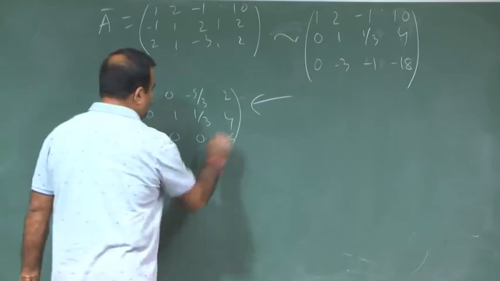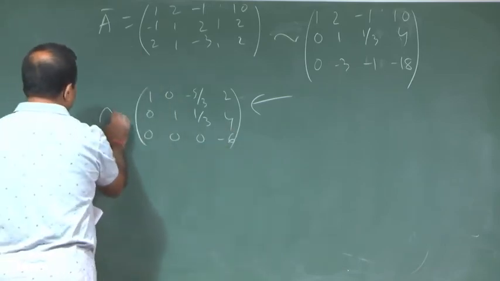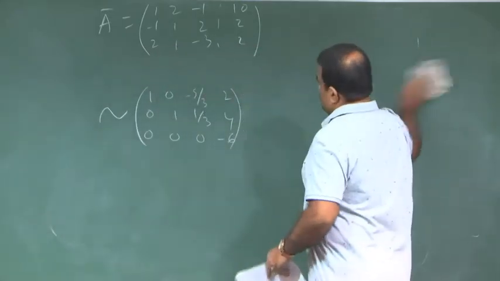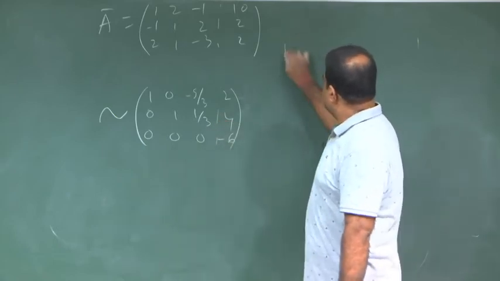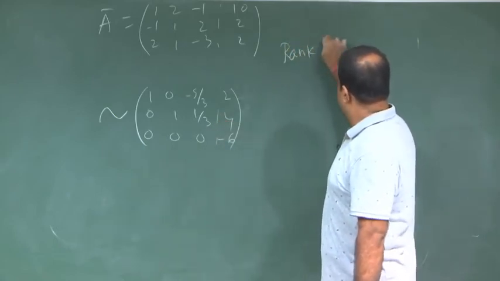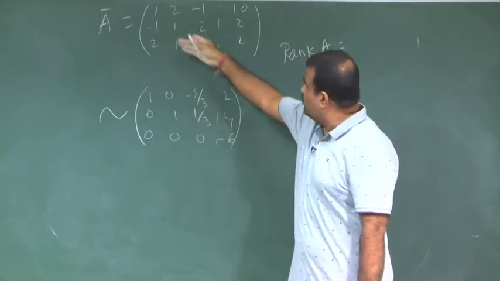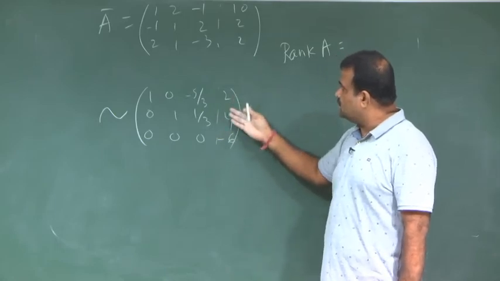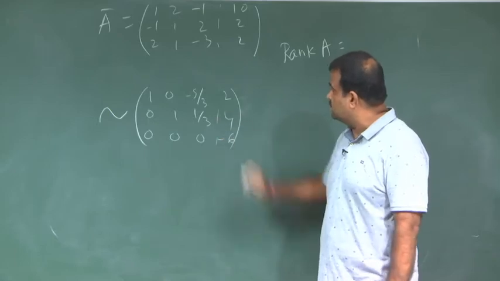Here we have a problem. What is the problem? This is equivalent to this matrix under row operations. Now, what is the rank of A? Because we get this just by applying the row operations, and for row operations we are not mixing this part with this. If we had to do column operations then it would be so.